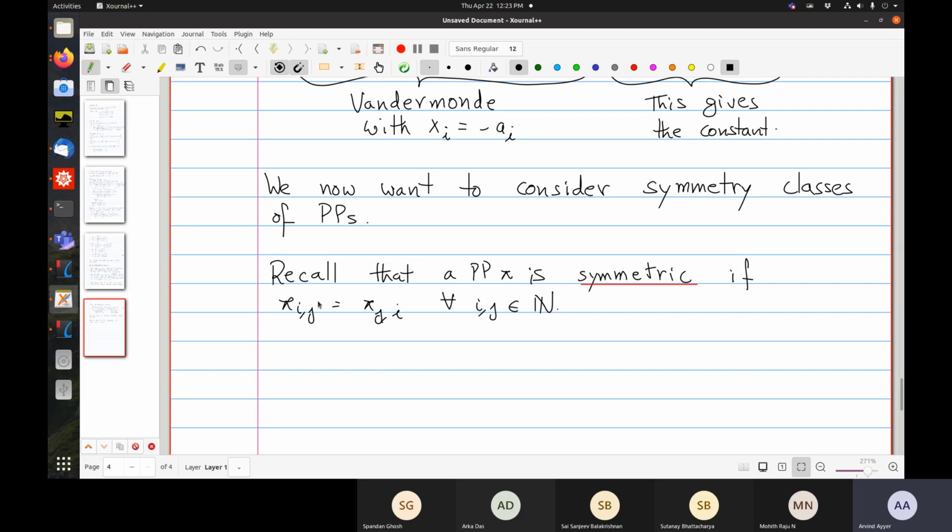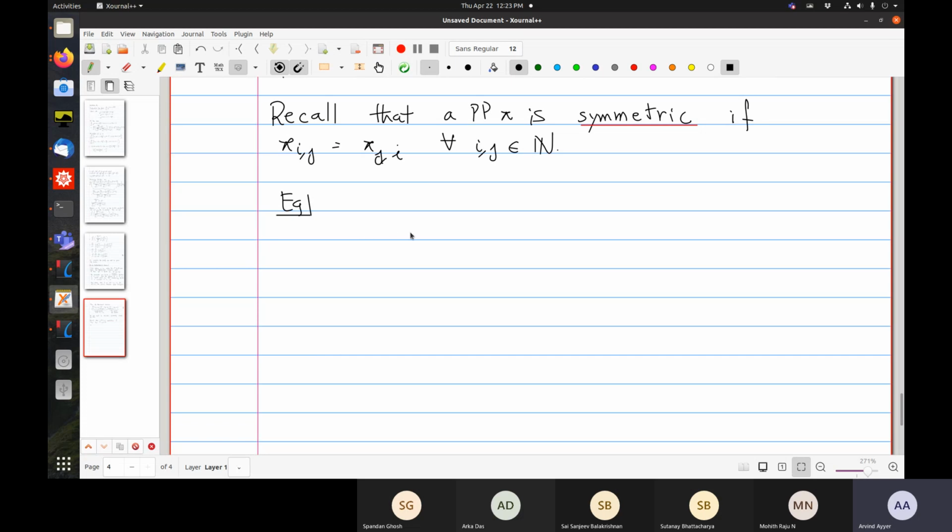So remember we had said plane partitions we will think of as infinite arrays with finite sums. So for example, something like that: 4 3 2 1, 1 3 2 2 1, 2 2 1 1.